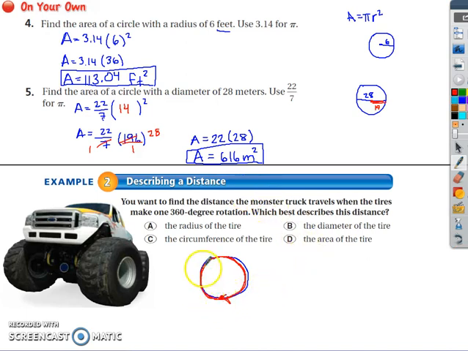So if I just took this point and unwound the circle into a flat line, something like this, instead of wrapping around the outside, we would be able to determine how far the tire is going to go. So I'm going to push this tire, it's going to roll and unravel until the entire thing is flat. So the circumference of the tire, or the outside of the tire, is going to tell you how much ground this tire is going to cover in that one rotation.